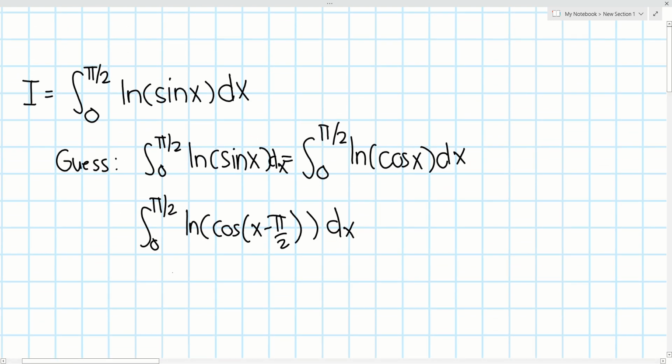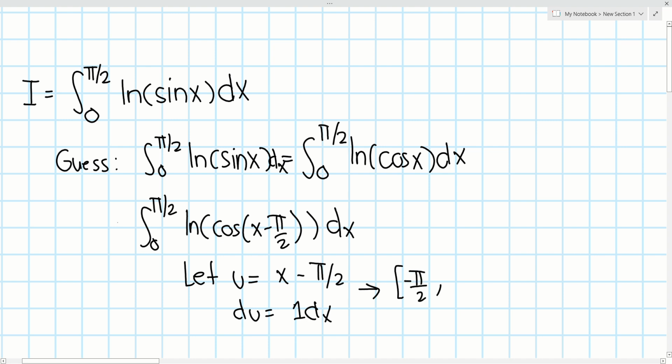From here, we can let u be equal to what's inside, so x minus pi over 2, and then du is 1 dx. Our bounds will become 0 minus pi over 2, which is negative pi over 2, and then the other one is 0.